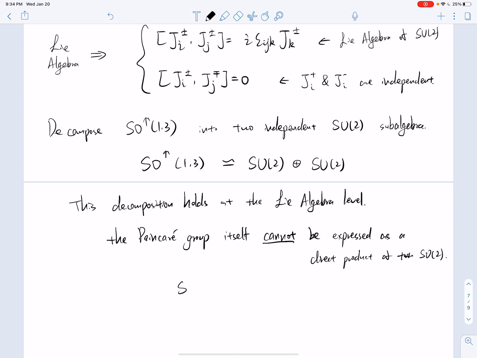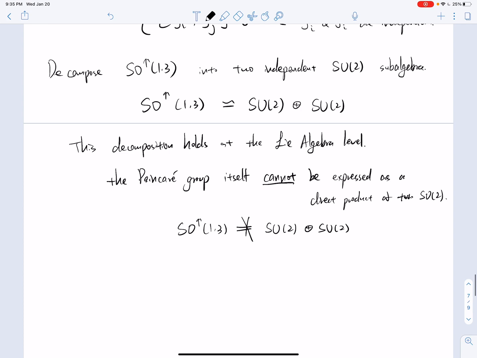If we say that this is equal to the direct product of SU(2), it's wrong. This is not equal to. So this decomposition only holds at the algebra level.